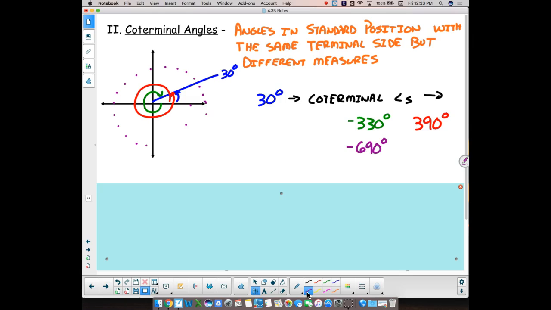That's negative 360, and then I've got to go all the way around negative 330 more, and end up at negative 690 degrees. Give me another one. Another positive one. 750 degrees.